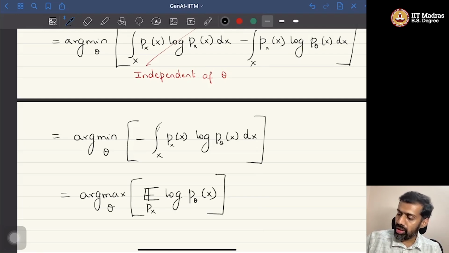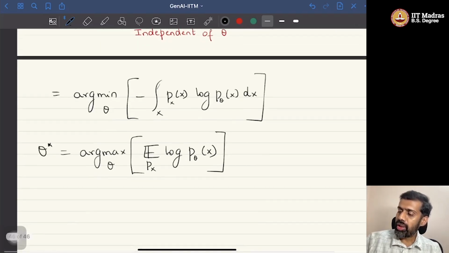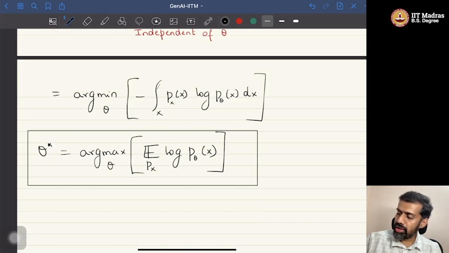Therefore, the theta star, the model parameter that we need, is the one that minimizes the KL divergence between px and p theta. It turns out that this is equivalent to maximizing the expected value of log of p theta of x with respect to px.